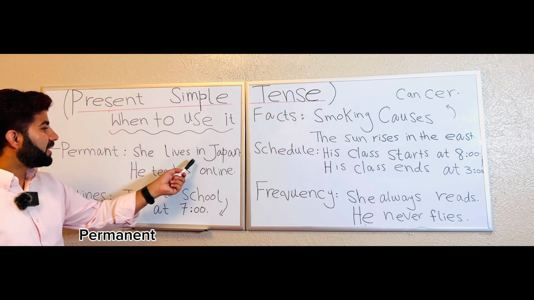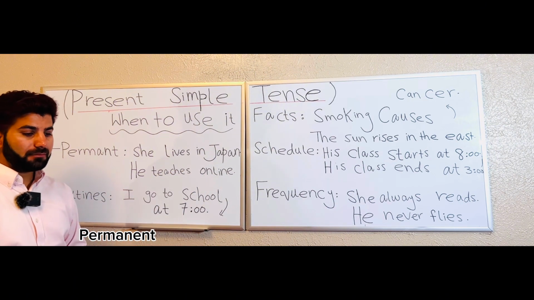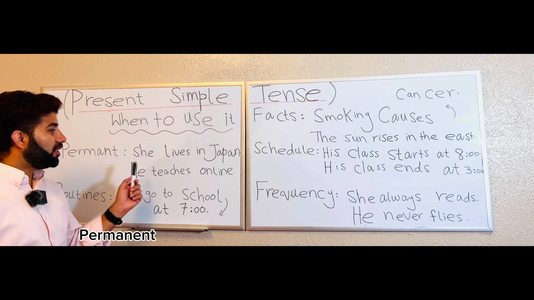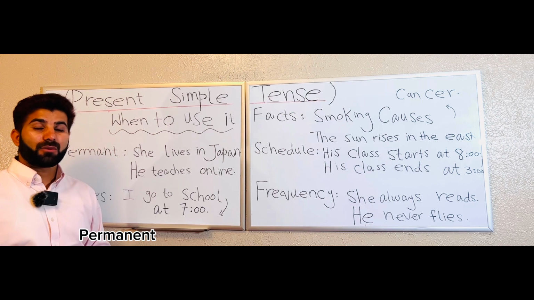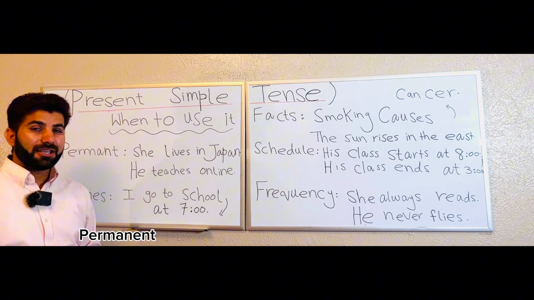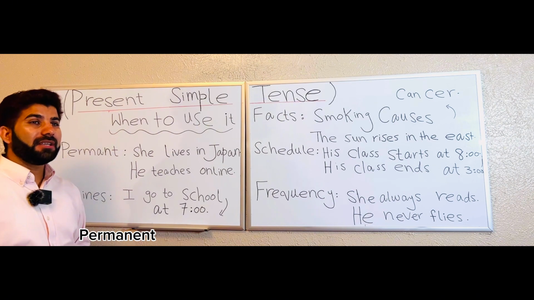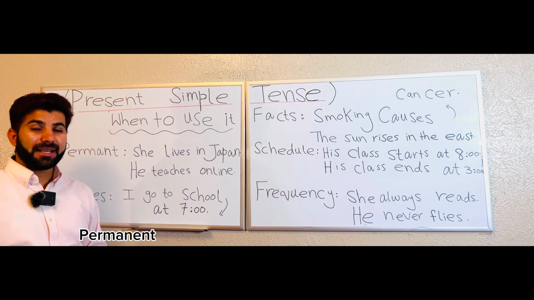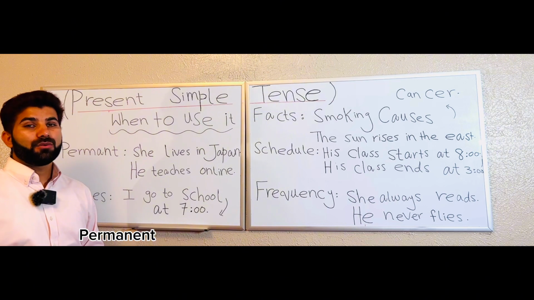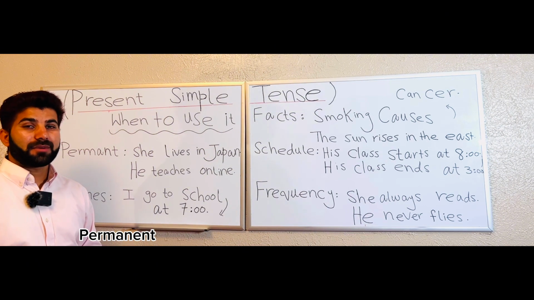She lives in Japan. It means she is not living there for one day or one week. She's living there permanently. So when somebody is doing some action permanently, then we use simple present tense.